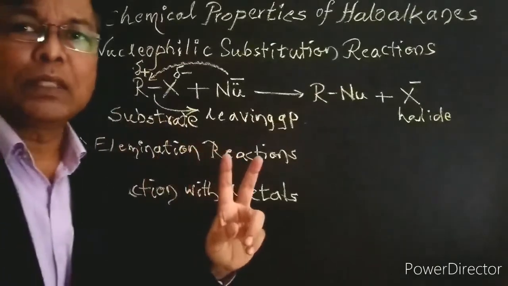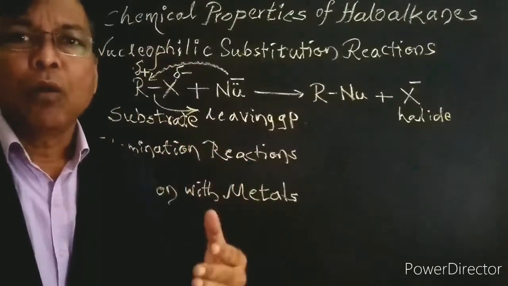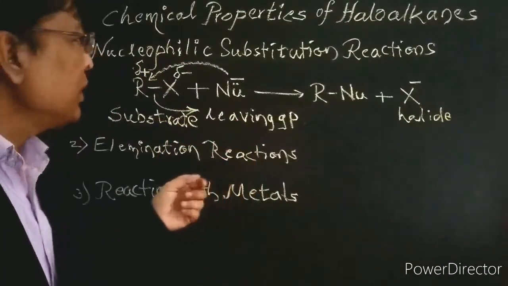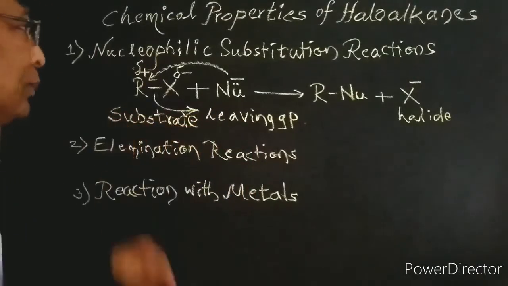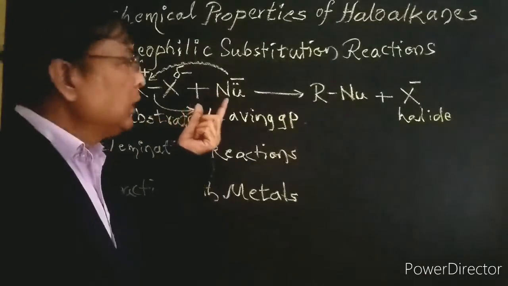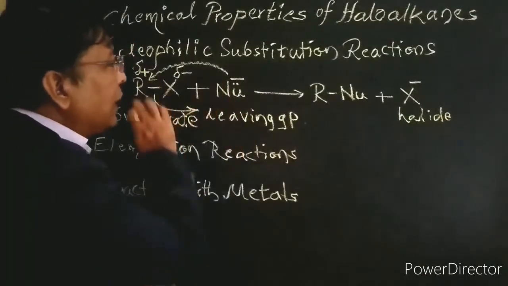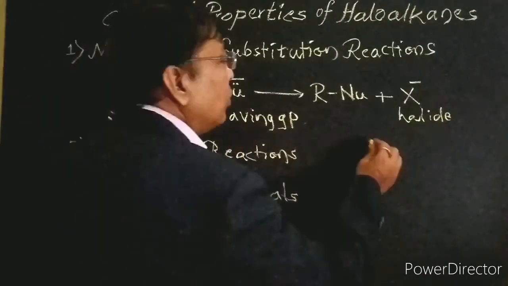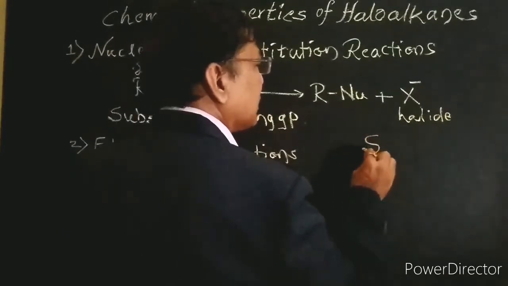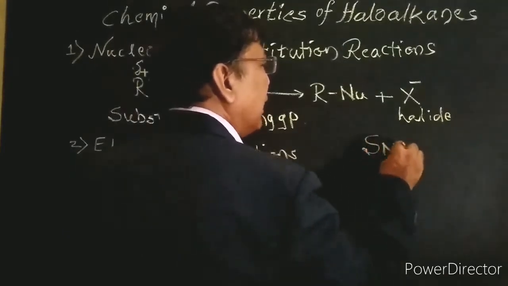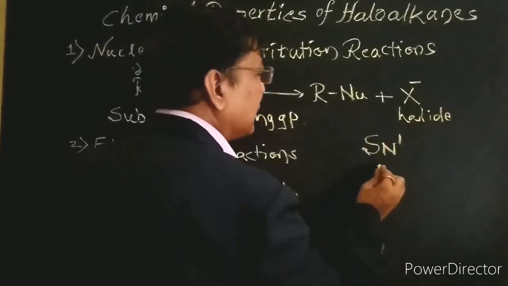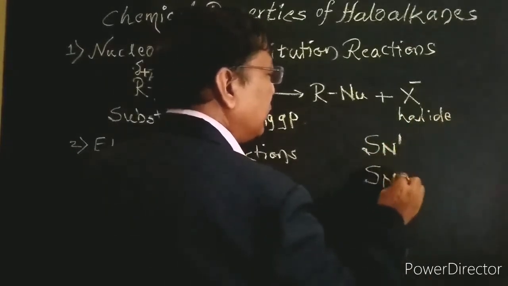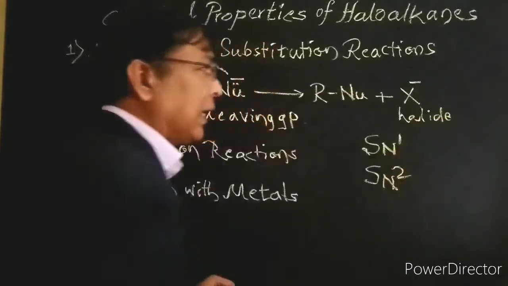Because we use these two words very often in organic chemistry, I have explained what a reagent is and what a substrate is. In nucleophilic substitution reaction, the nucleophile can attack on the alkyl halide through two different paths. The first path is Sn1 reaction mechanism path and the second one is Sn2 reaction mechanism path.